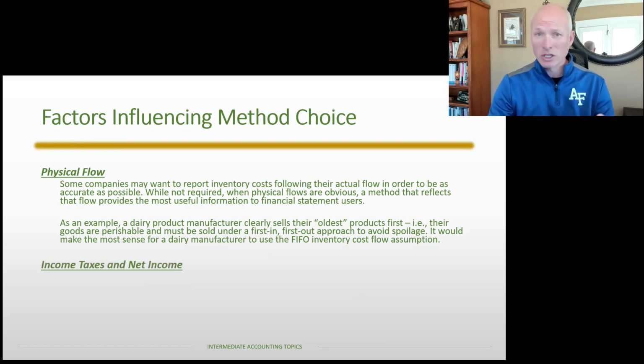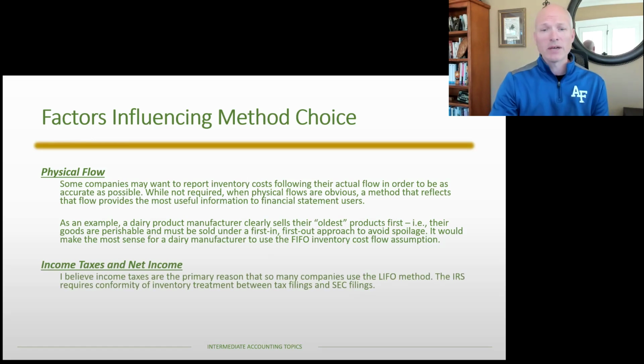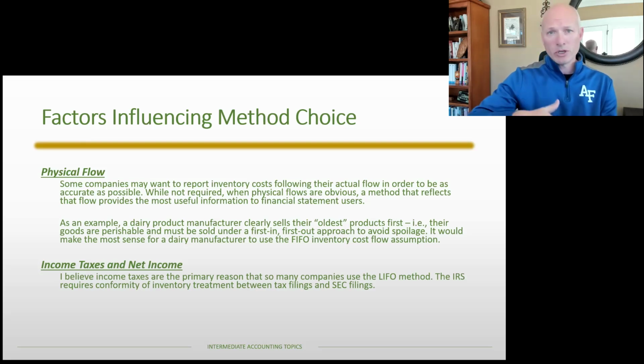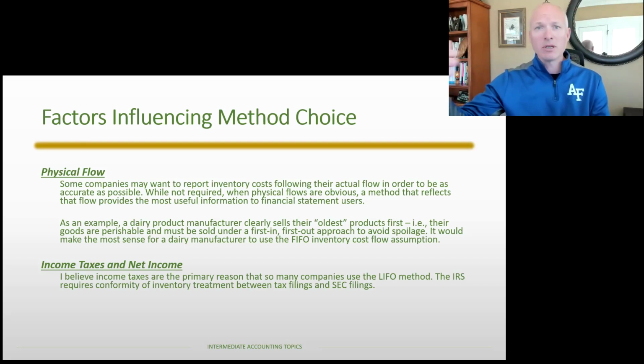The one that we touched on a little bit, and this is why companies might use LIFO a little more, is because you might do it for tax purposes. And so the IRS does allow LIFO, which allows you to put your most current costs on the income statement, which then reduces your taxable income. And if you have lower taxes, most companies prefer that because that gives them more cash.